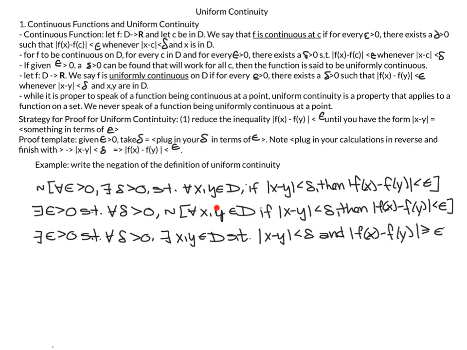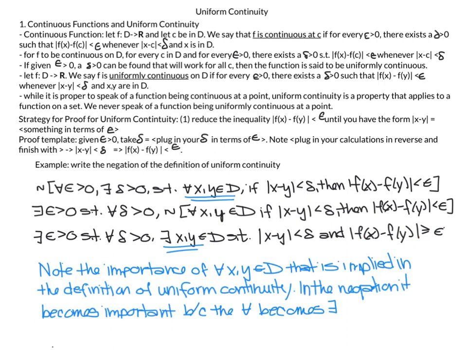I went ahead and converted my for alls into there exists, and then I needed to negate what's here, and to negate the conditional, I take my hypothesis, |x - y| < delta, and I AND it with the negative of my conclusion. So the negative of my conclusion is |f(x) - f(y)| is greater than or equal to epsilon.